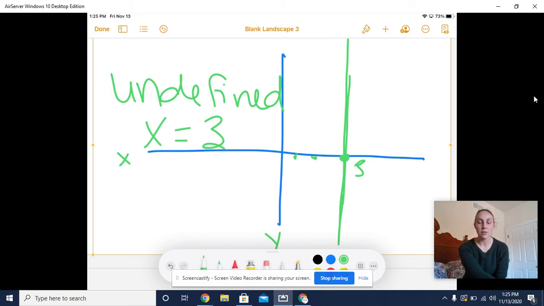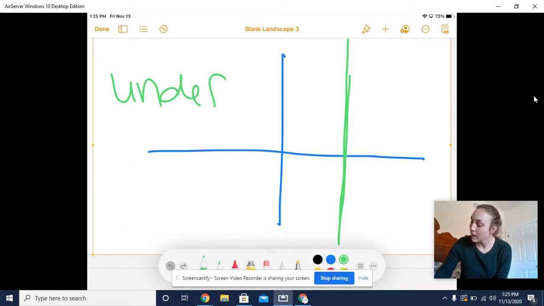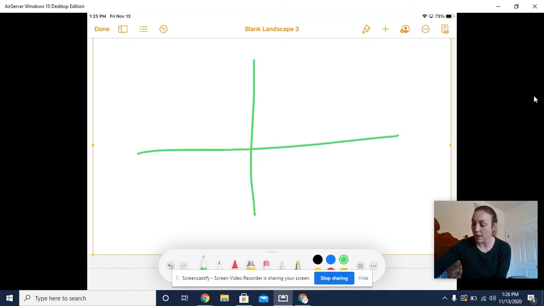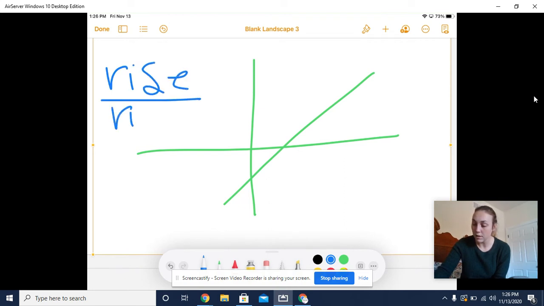All right, so now let's figure out how you find the slope when you have the line on the graph. What you're supposed to do this week is IXL Y1, so I'm going to do a few of those problems with you. But before we get started, whenever you see a line on a graph, let's say we do have a positive slope, how you figure out what the slope equals is you first have to do rise over run.